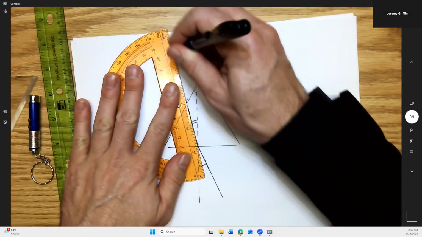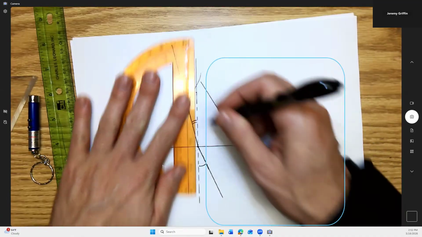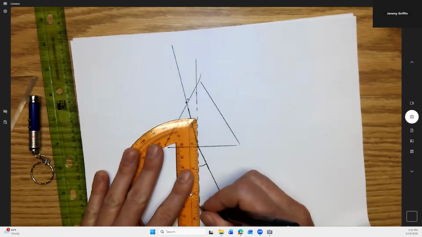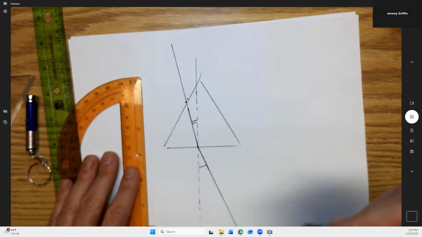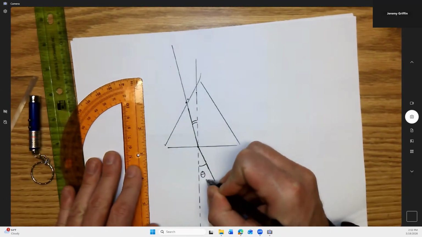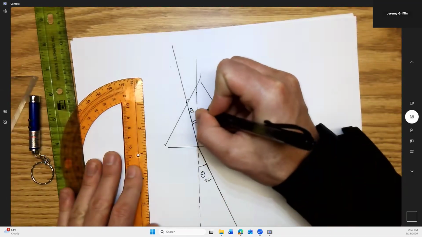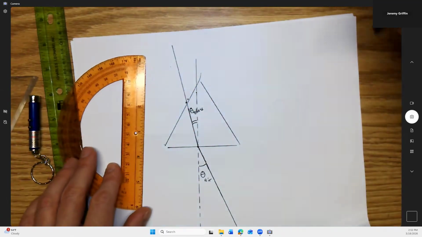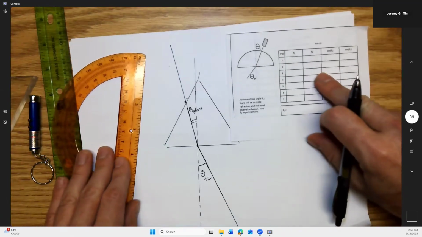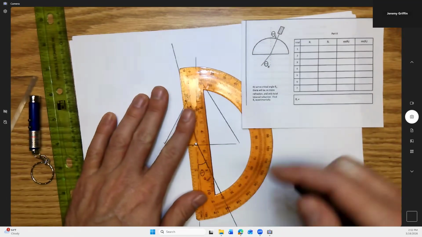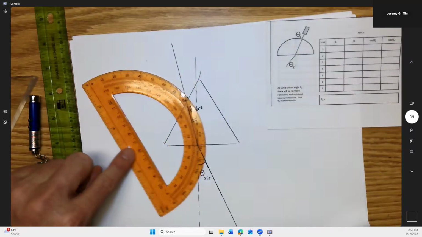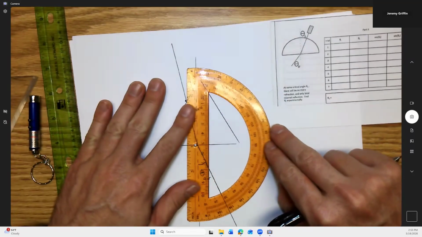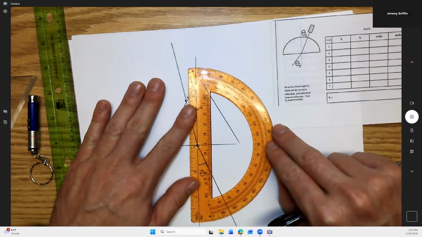Just to be able to measure the angle with a protractor, because the protractor is so big, I'm going to extrapolate a bit here on the line. So here's the angle on the side of the air, and here's the angle on the side of the glass. Let me grab those angles and see how I would record that. I've got a table I can record those angles in. If you remember how to use a protractor, I'm going to take the center of this protractor and park it right on that central point, zero out the normal line, and measure the laser line.